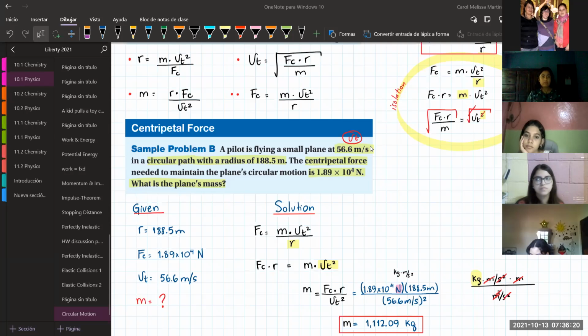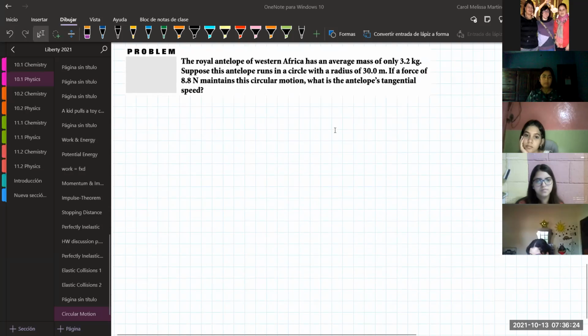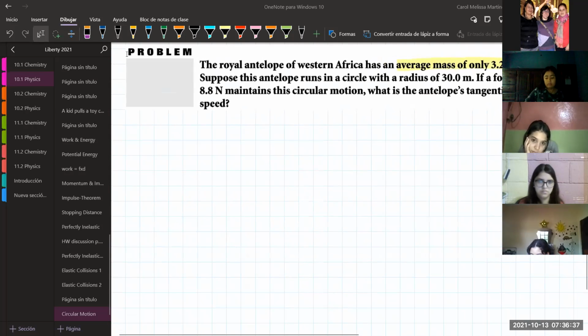Okay, well, let's try with this one. It says the royal antelope of Western Africa has an average mass of only 3.2 kilograms. Suppose this antelope runs in a circle. Runs in a circle is telling me that this is circular motion.